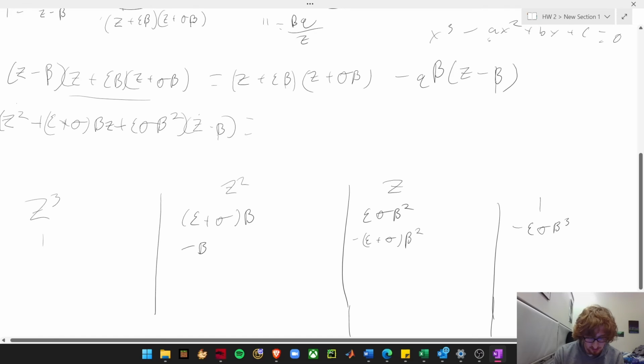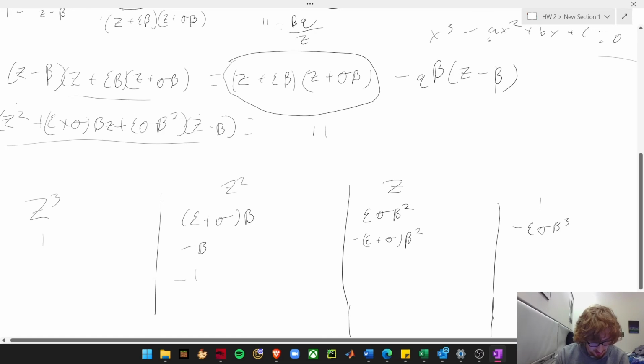So let's take a look at this. This term here is the exact same as this term here. So we can pretty much just take what's in here and flip the signs. Because, again, we're trying to set it up so it equals 0. We want to move everything to the left side, so we're just going to take the opposite signs of what these are. So we have a z squared, and that'll be negative, so that'll be negative 1.